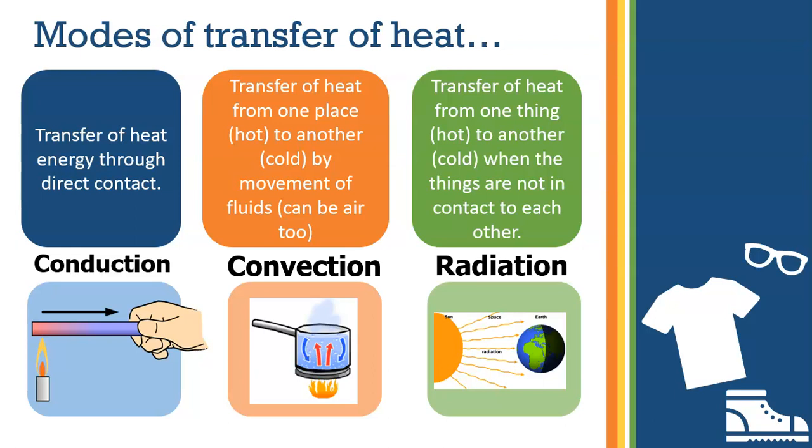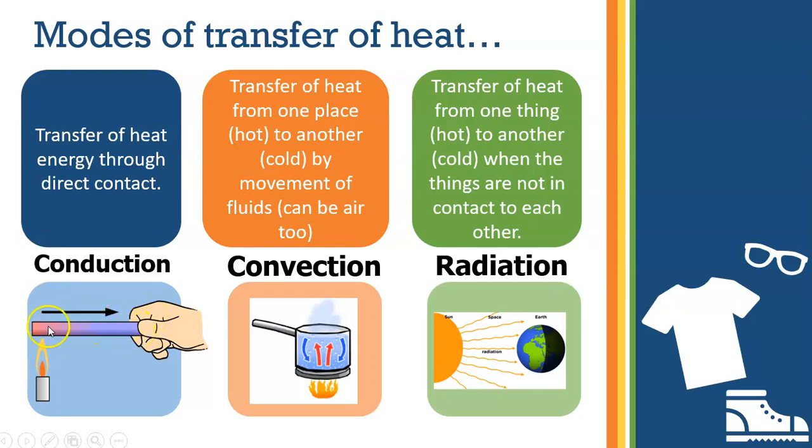Conduction, over here. Transfer of heat energy through direct contact. If you look at this picture, this person is holding a metal rod and he is heating it with the help of a candle. Now this end of the rod is heated, so it is shown in reddish color. And as it becomes hot, we feel the heat at this end as well.